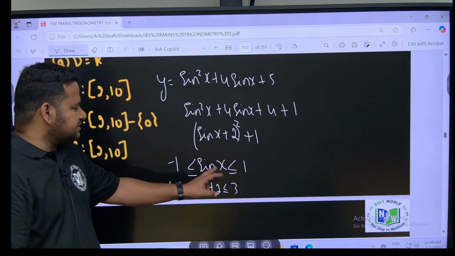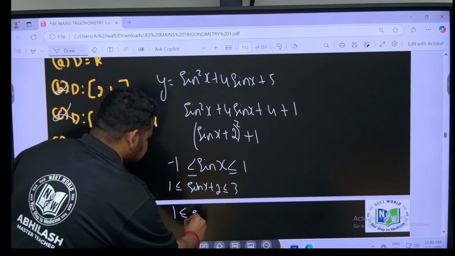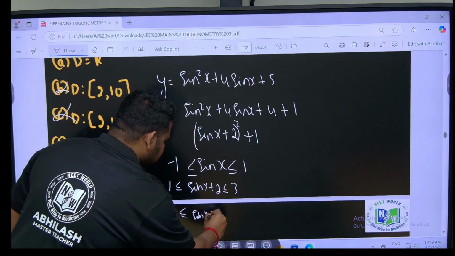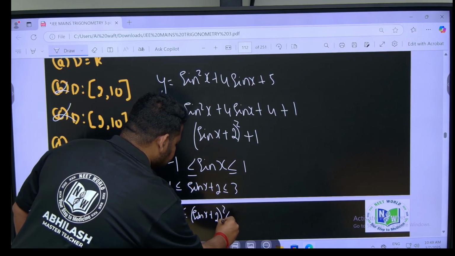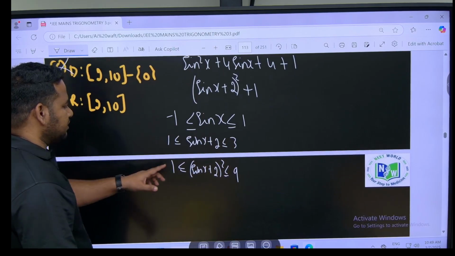But it is sin x plus 2 whole square. So 1 square is 1 and 3 square is 9, so this will be less than or equal to 9.